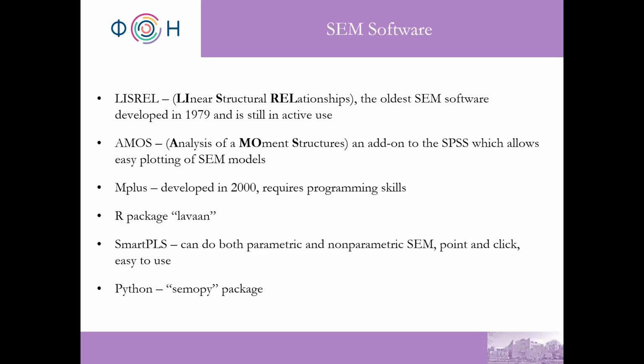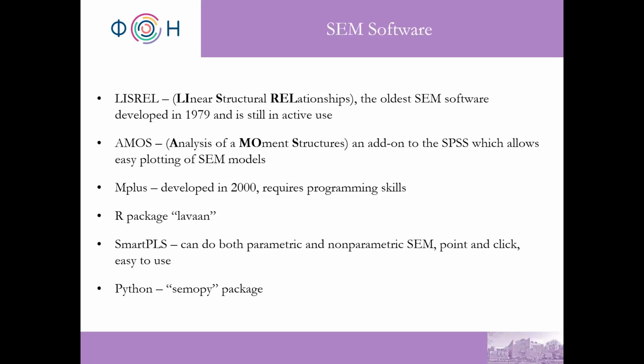Another software which is pretty handy is Smart PLS. It is also a point-and-click SEM software, but it is pretty good in my opinion, because it allows you to do both parametric and non-parametric SEM, so covariance-based and partial least squares SEM models in one software. Why is it also good? It's good because it can do a lot of pre-tests in just one software.